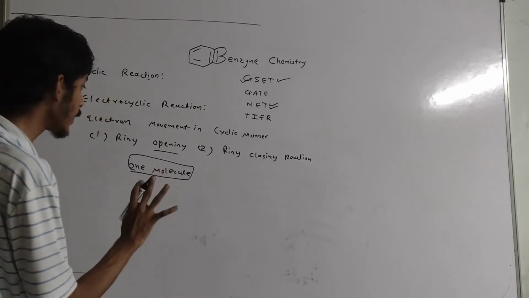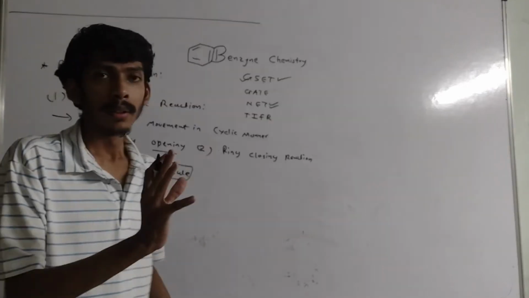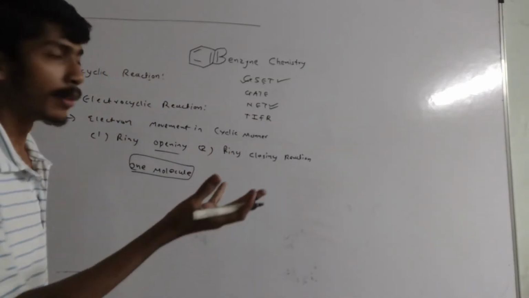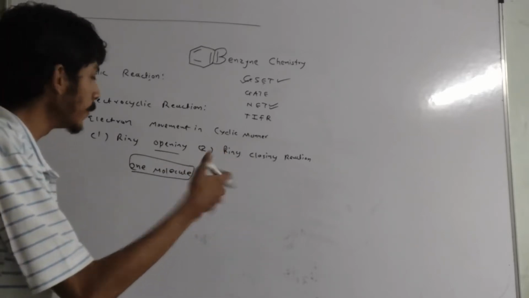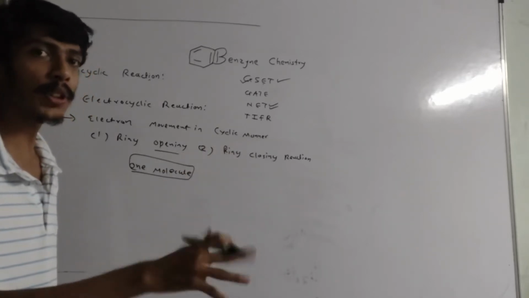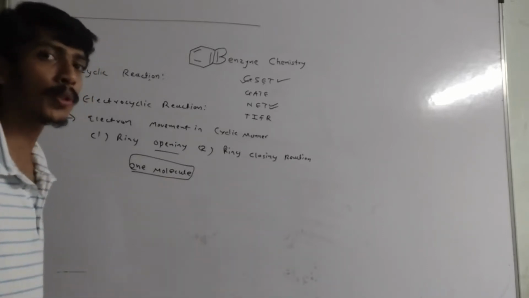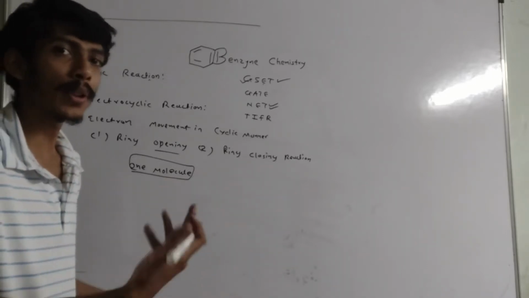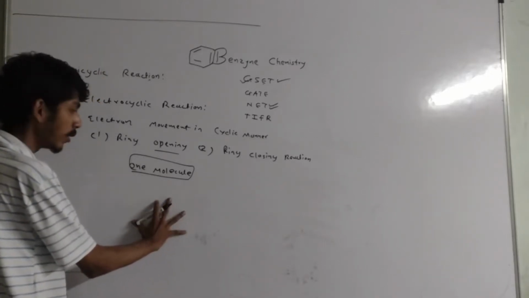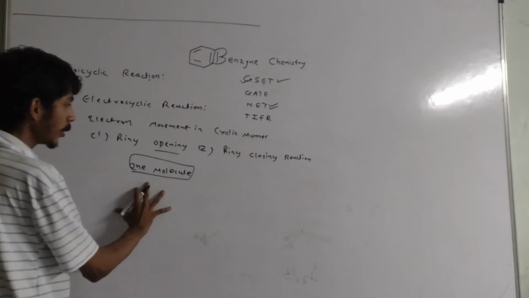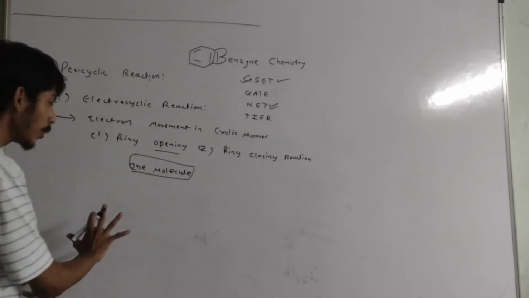What you have to understand is which system undergoes reaction in which condition, heating or photochemical, and via which rotation, conrotation or disrotation. You just understand one table, and you will solve the majority of electrocyclic reaction questions.